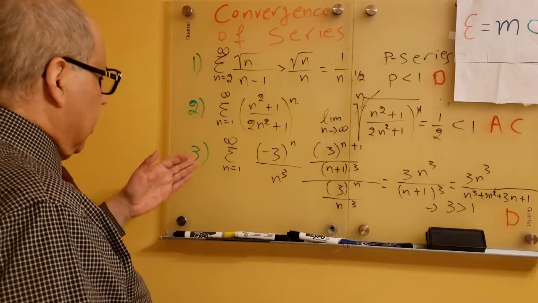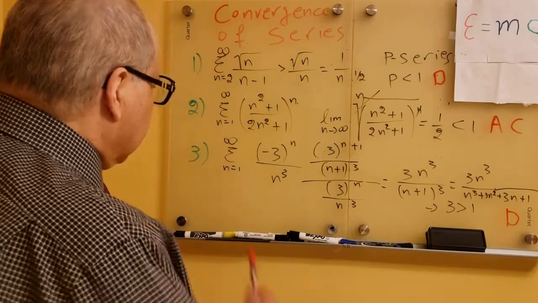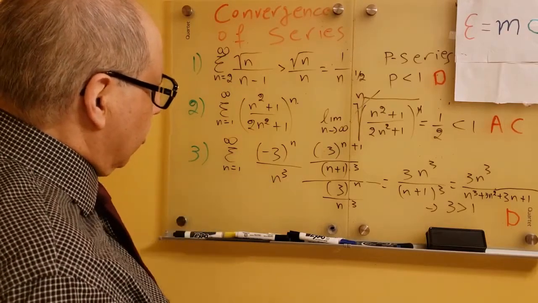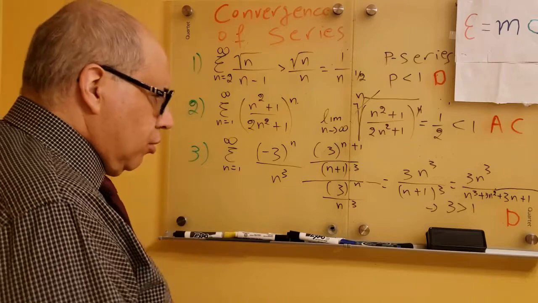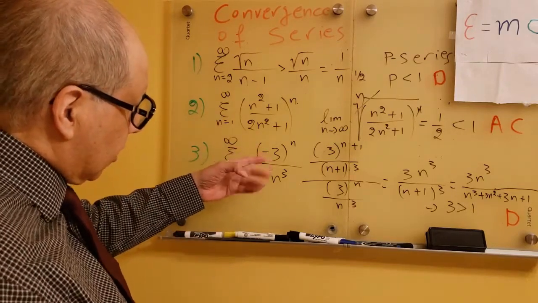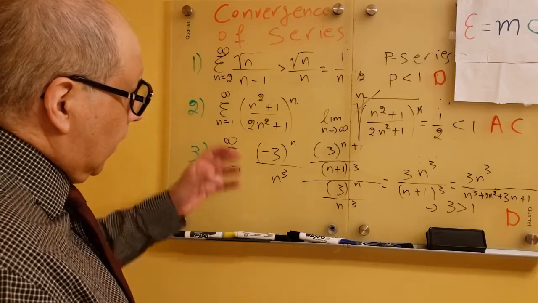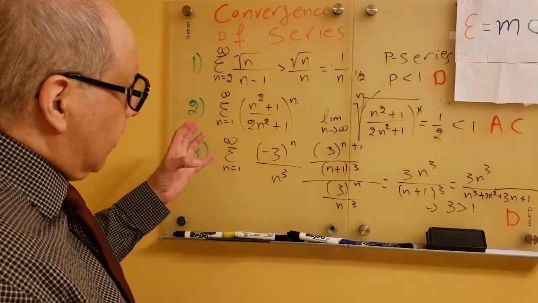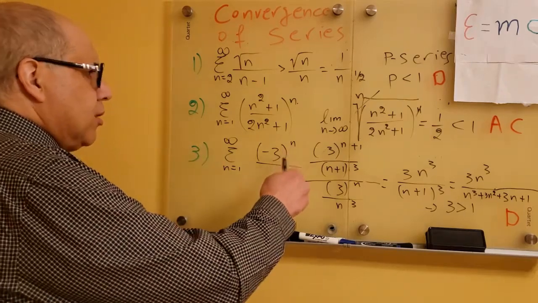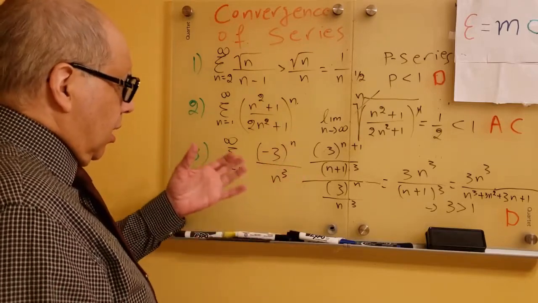And example number 3, you have to see if the series from n equals 1 to infinity of minus 3 to the n over n to the third is converging or diverging. Here we see this is an alternating series because you have this minus. Again, this is not a p-series, it's not a geometric series.